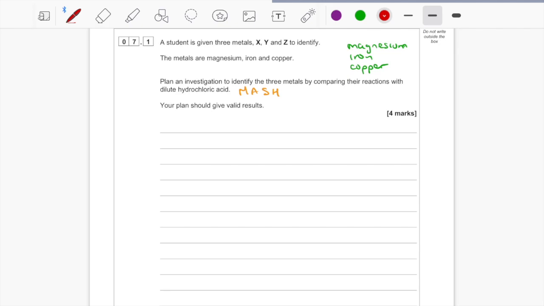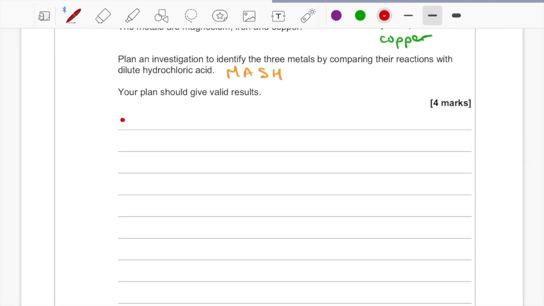If we're measuring a temperature change, what you've got to remember is that we're measuring the temperature before and the temperature after. And I think when you're giving a practical, it's a good idea to put it in steps. So you can treat it as bullet points.